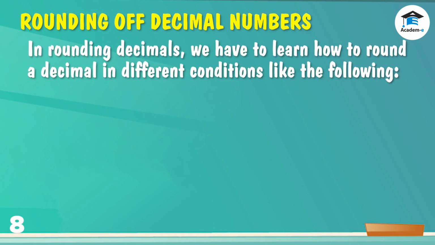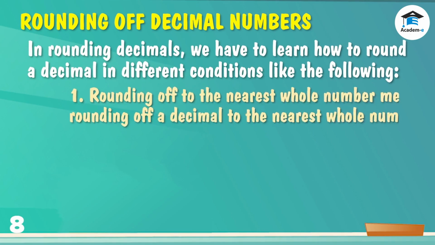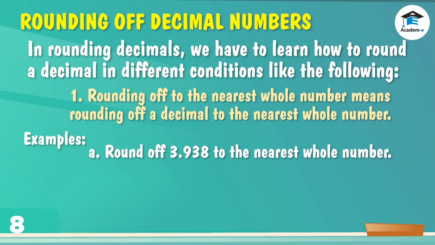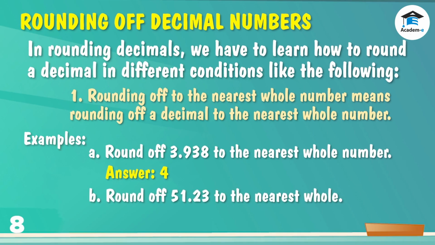In rounding decimals, we have to learn how to round a decimal in different conditions like the following. 1. Rounding off to the nearest whole number means rounding off a decimal to the nearest whole number. Example. A. Round off 3.938 to the nearest whole number. Answer. 4. B. Round off 51.23 to the nearest whole.